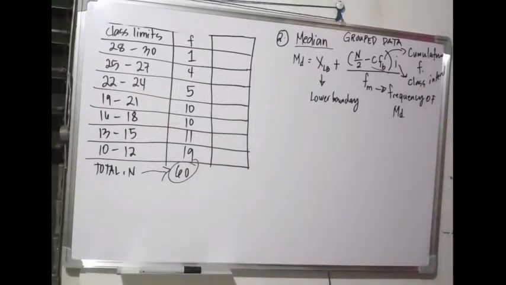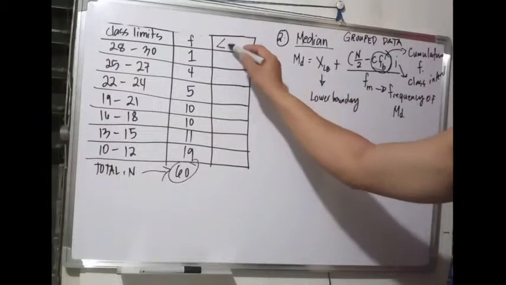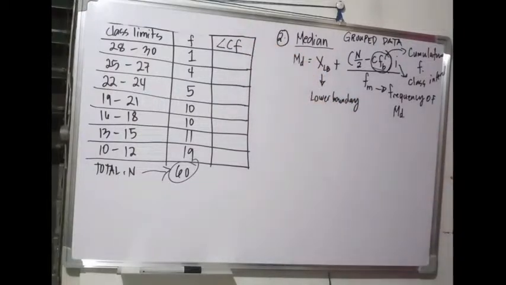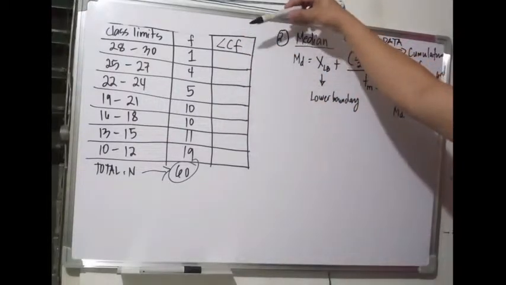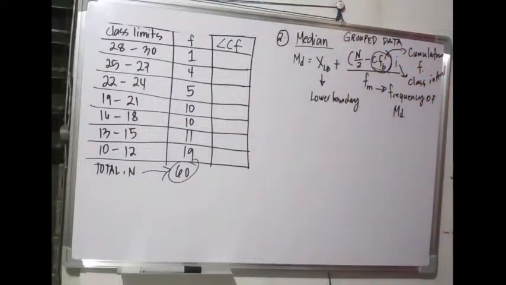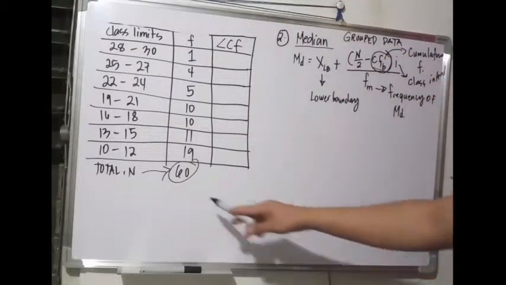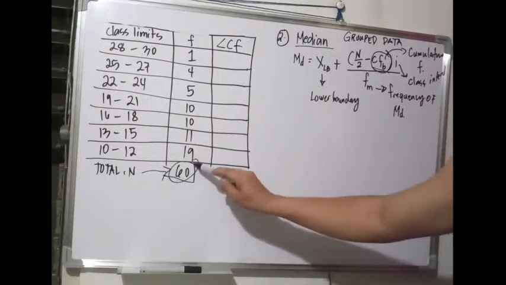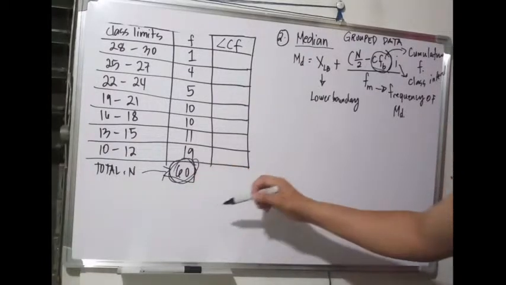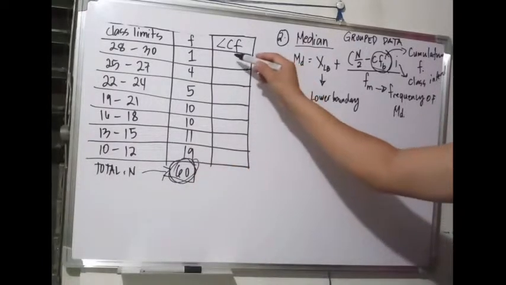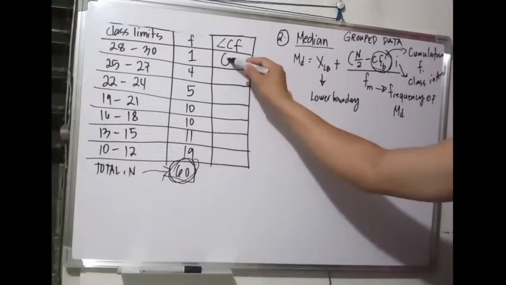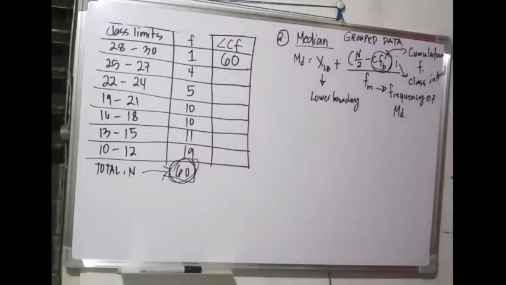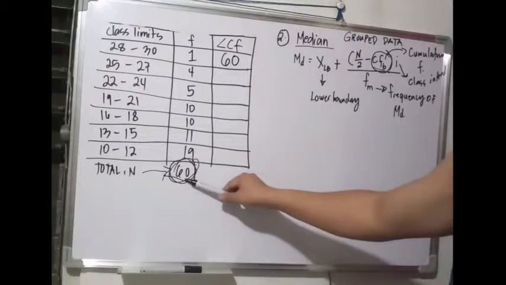Next, ano bang hanapin natin? Ito ang cumulative frequency. How to find the cumulative frequency? So less than cumulative frequency. To find the cumulative frequency, tingnan natin yung total frequency. Ano yung total frequency natin? That is 60. So ilagay mo dito yan sa taas. Nakadepende yan kung saan mo ilagay yung 60.